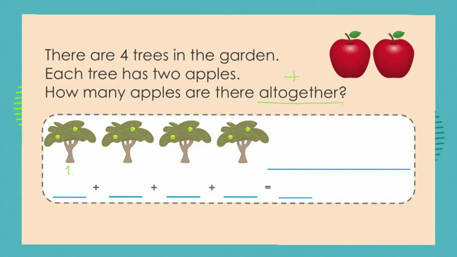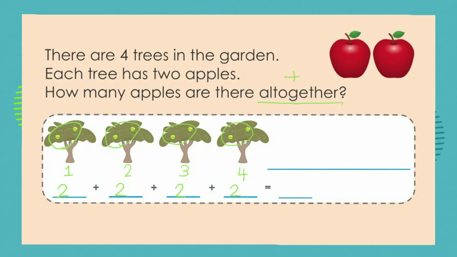Here is my first tree, my second tree, my third one, and my fourth tree. And on each tree there are 2 apples. I will circle them. So on the line we are going to write 2 for 2 apples plus the next 2 apples plus the next 2 apples and the last 2 apples.